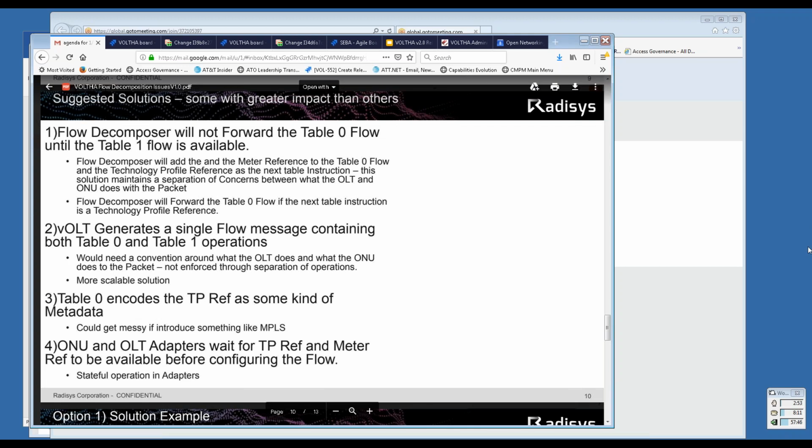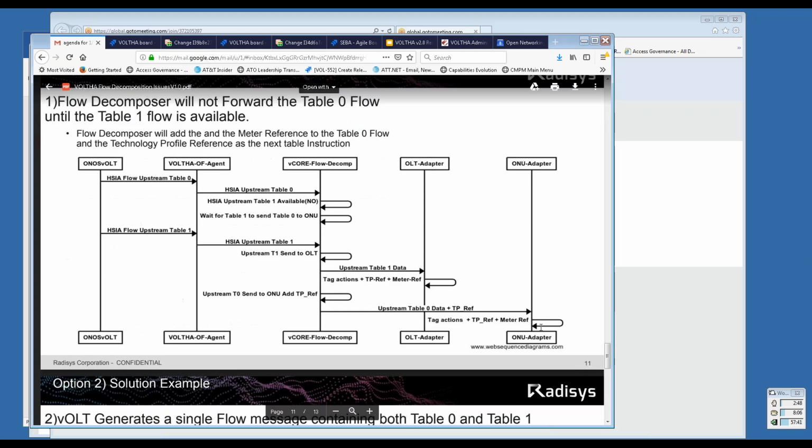Oh, it sounded like that was in VOLTHA. But if it's in ONOS, okay. So could you just go to the next page, Julie? Yeah. So this is still true, right? ONOS sends two messages, one for table 0, one for table 1. Yes. Okay. All right. Good.